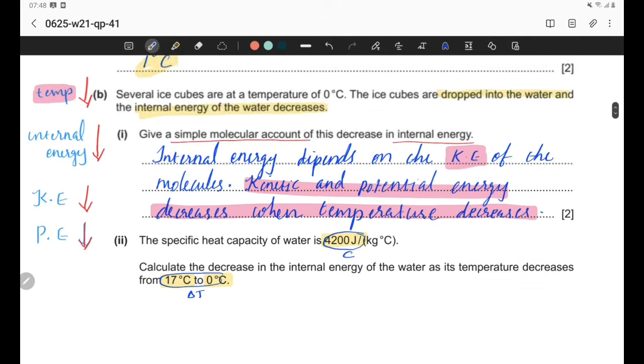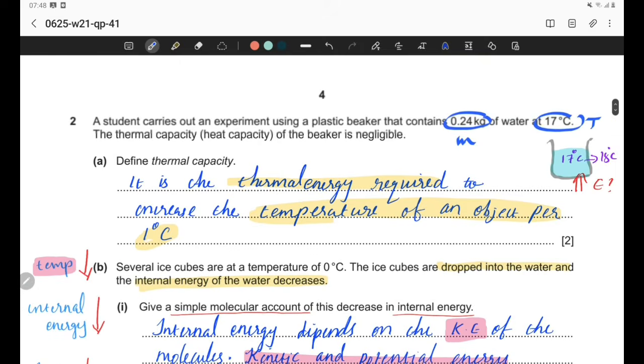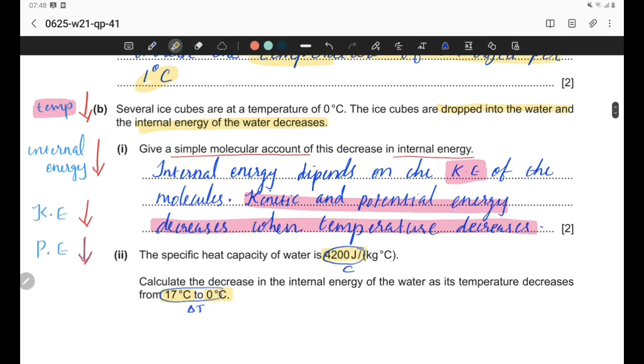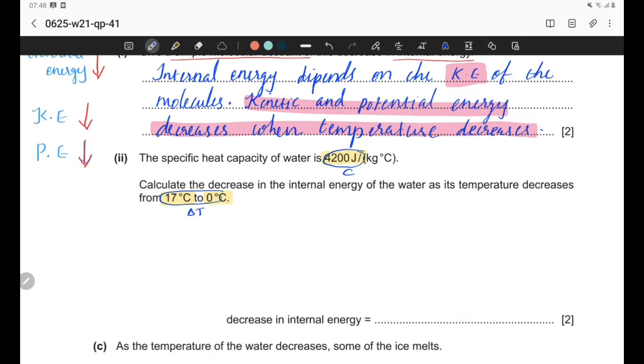Mass of this water is already given in the first part, that is 0.24 kilogram. So we have the mass also, and we need to calculate the decrease in internal energy, that means the change in internal energy delta E.